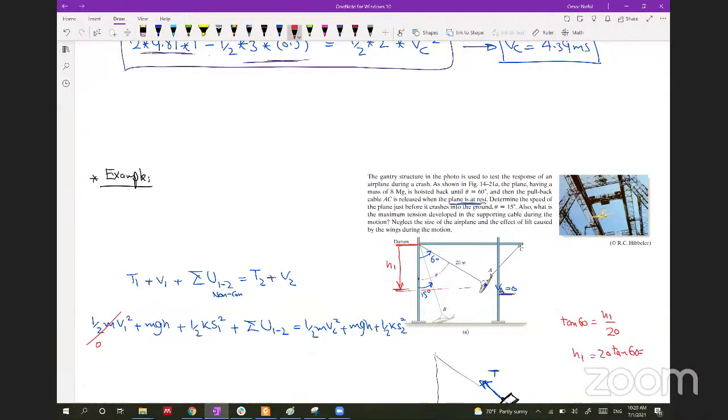Oh, sorry, this is not tan. This will be the cosine of the angle, sorry. So, not to confuse you, let's start from the beginning. Let's make this a very clear triangle.